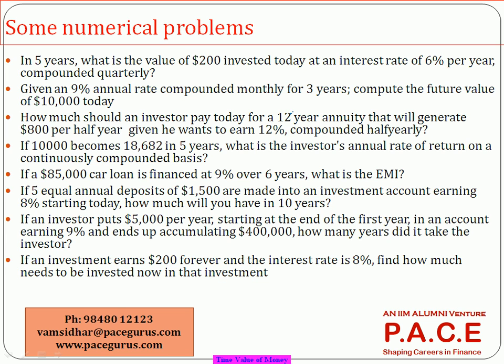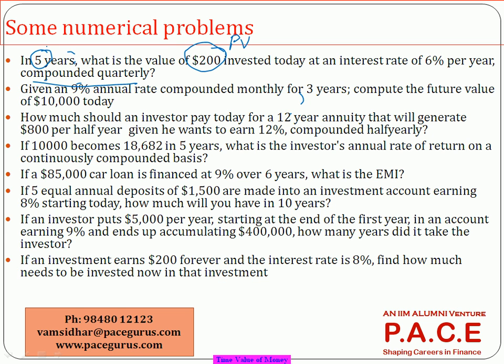So what are the numbers? What is this? This is our PV, because I am depositing something today. So this is the PV. This is, can I take this as N? We are saying compounded quarterly.